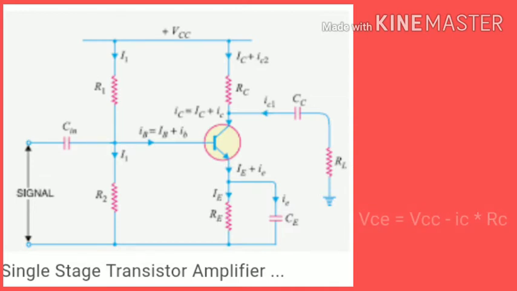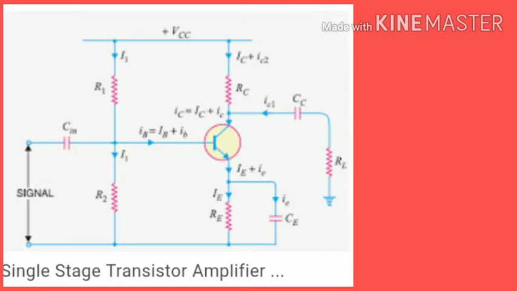In other words, when the signal voltage at the input increases in the positive half cycle, the output voltage goes in the negative direction, that is, the output is 180 degrees out of phase with the input.